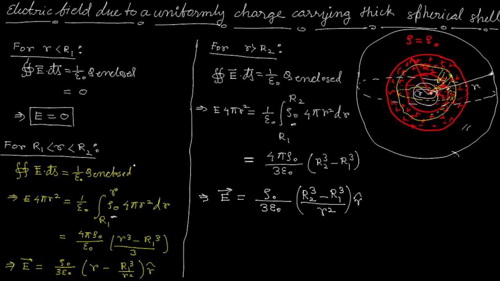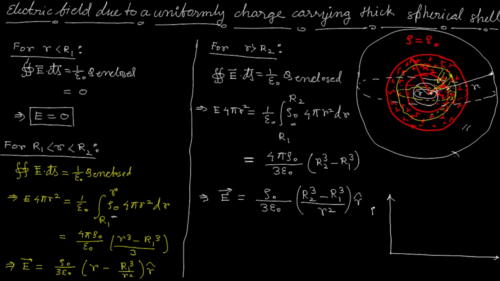For uniform cases, the electric field will be like this. Inside it will be 0, between the region r1 and r2 it will vary like this, and then outside it will also vary like this. Again, if we want to see the variation of the electric field graphically, we can represent it this way.